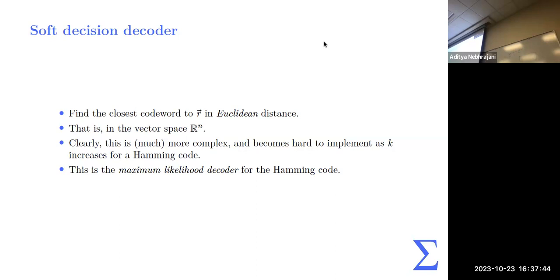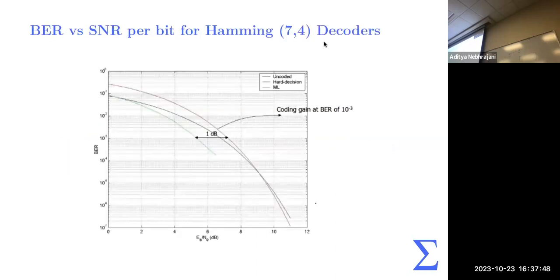So this stops making sense. But this is the maximum likelihood decoder, and as you'll see, the maximum likelihood decoder actually does really well. Uncoded is the black line. Hard decision only starts to do well at higher SNRs, but if you really want Hamming to do well, you need to do a process that's closer to maximum likelihood, at least for the 7,4 code.